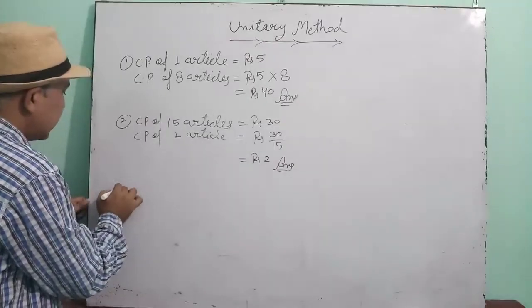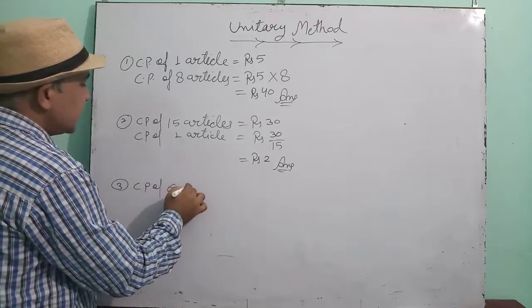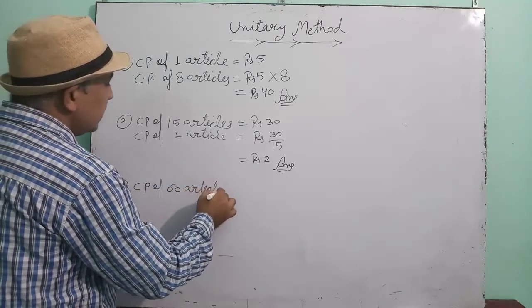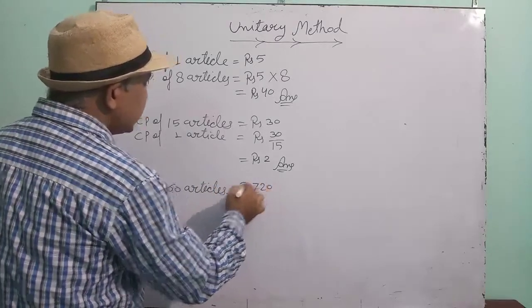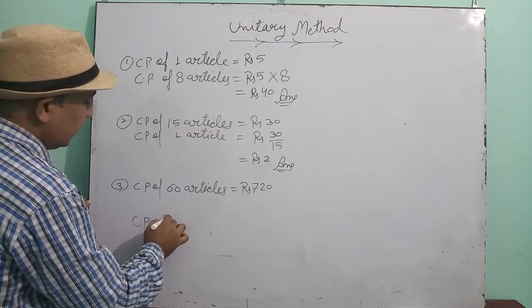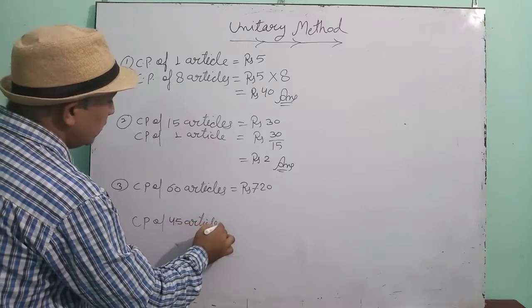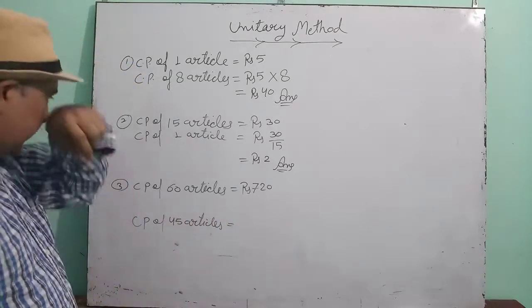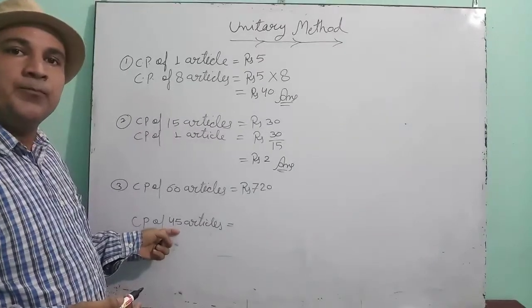Okay, see one more example. Suppose that cost price of 60 articles is equal to rupees 720, then what will be the cost price of 45 articles? Now see here. Here value of 60 is given and value of 45 we have to find.